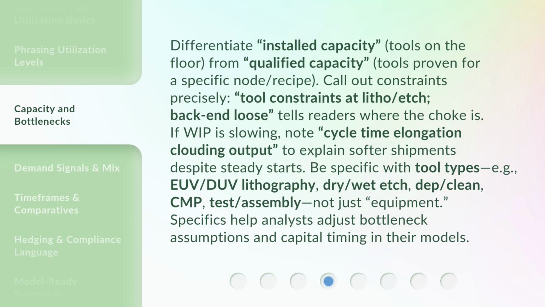Be specific with tool types, for example EUV, DUV lithography, dry and wet etch, dep/clean, CMP, test/assembly, not just "equipment." Specifics help analysts adjust bottleneck assumptions and capital timing in their models.